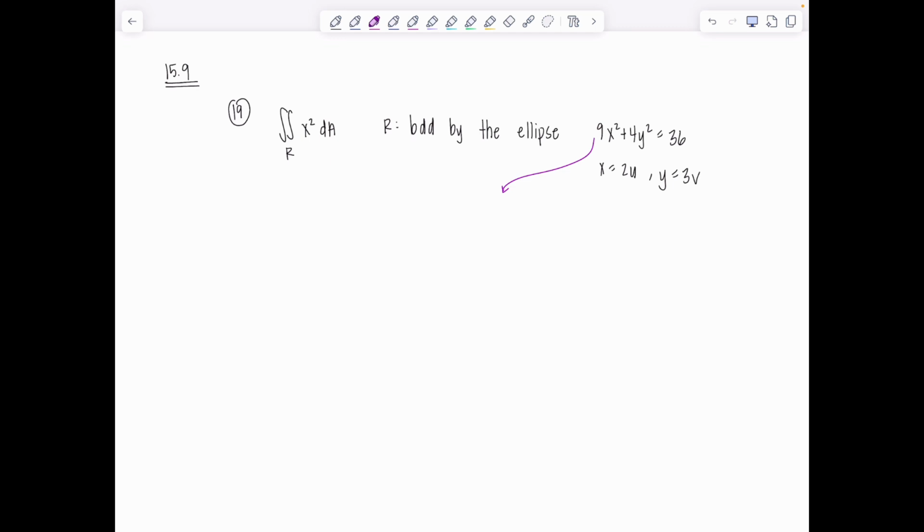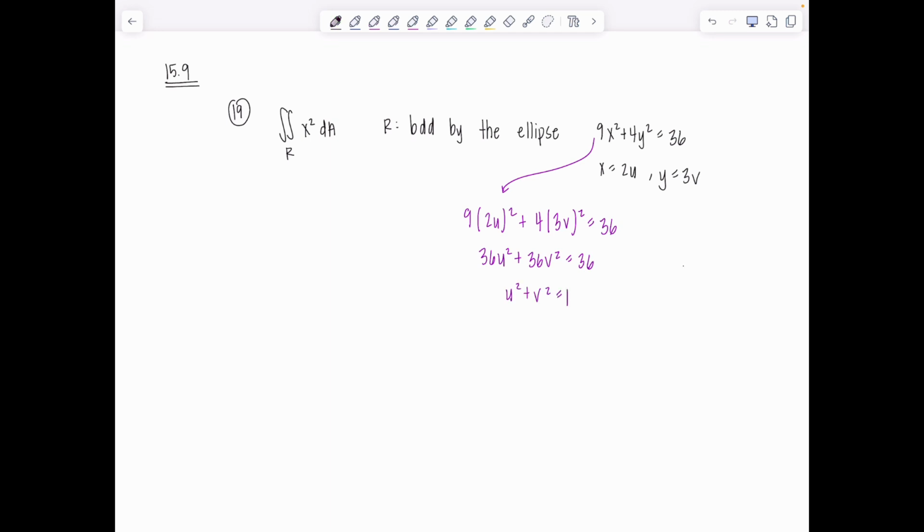Okay, we don't need to graph R. Are we good? It's an ellipse. Okay, so x is 2u, y is 3v. Oh, we are doing multiple integrals, change of variables in multiple integrals. So this is 36u squared plus 36v squared is 36, so u squared plus v squared is 1.